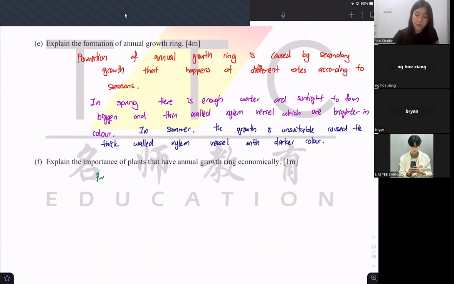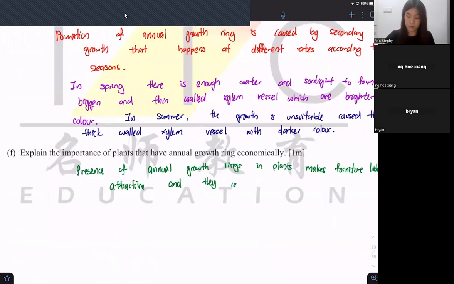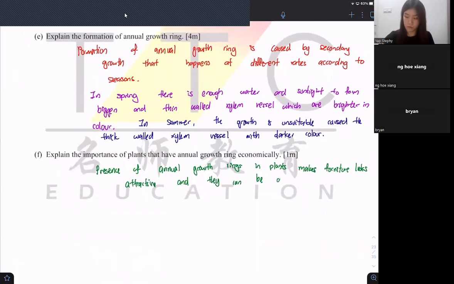Okay, so you can write down the presence of annual growth ring in plants makes furniture looks attractive. Yeah, like this.